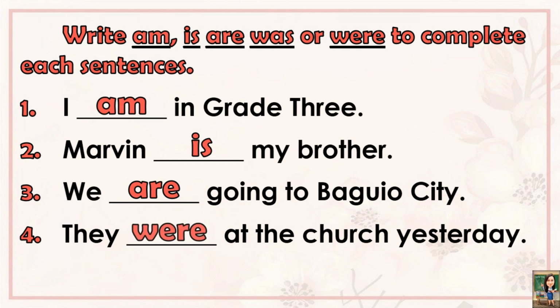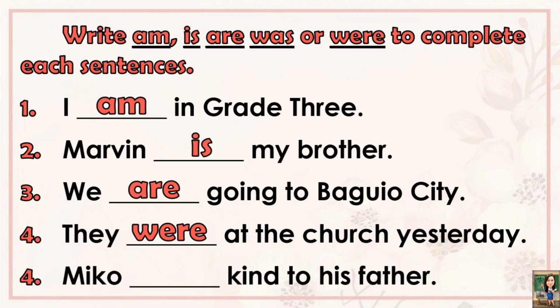Correct. Were. They were at the church yesterday. Number 5. Miko blank kind to his father. What is the correct be verb? Correct. Was. Miko was kind to his father.